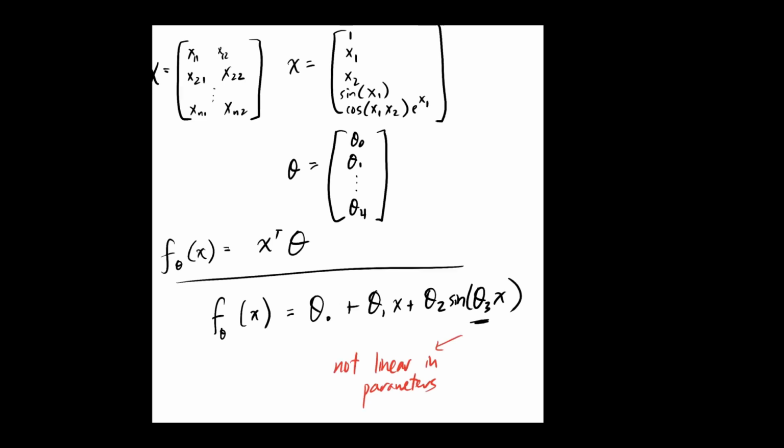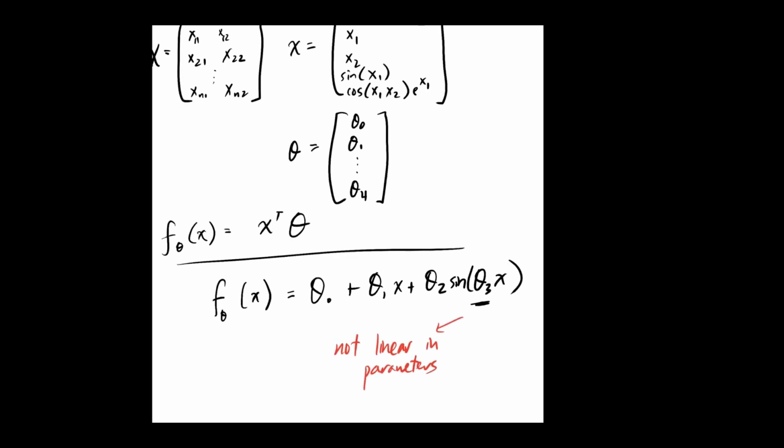So your question is, can a non-linear model be written so that it is linear, or is that a limitation of linear models? That's a good question. Here the non-linearity comes from the fact that the sine of theta 3 is being taken, and so there's no way to express this as a linear model.